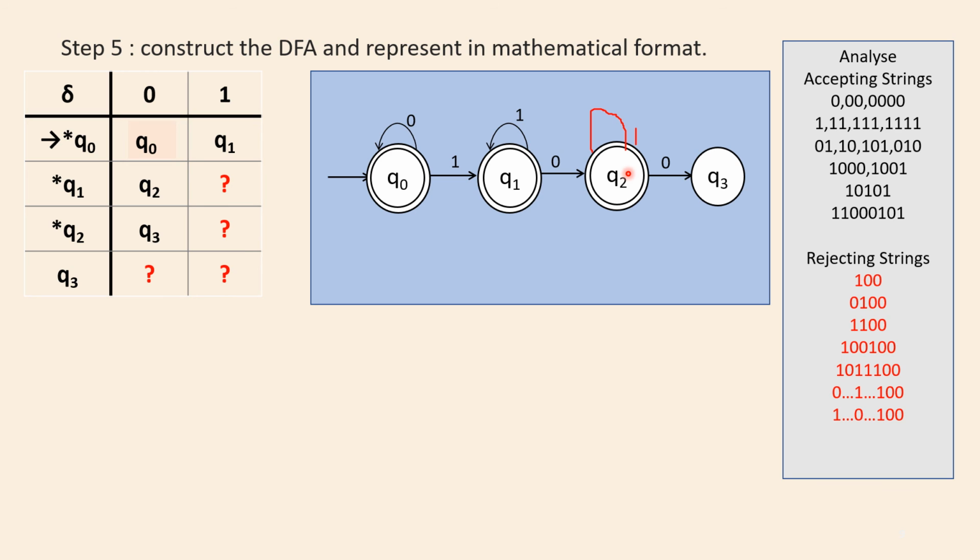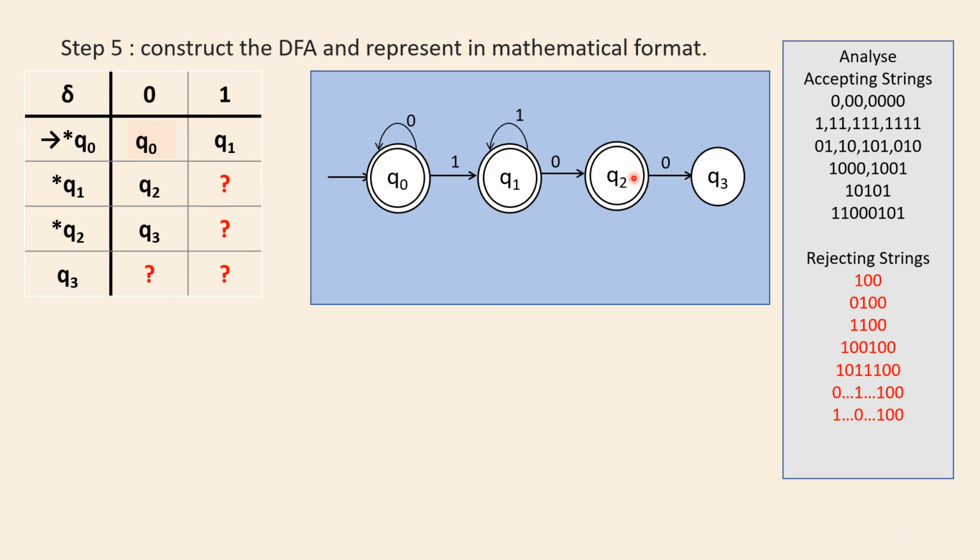So if I have 1010, this should also be accepted. What happens? 1, 0, 1, 0 is being rejected because it is going to a non-final state, which means the DFA is rejecting the string. So if I have 1, 0, n number of ones, 0, this should also be accepted where the DFA is actually rejecting it. So therefore, I cannot loop 1 in Q2 because the DFA is rejecting the accepting strings.